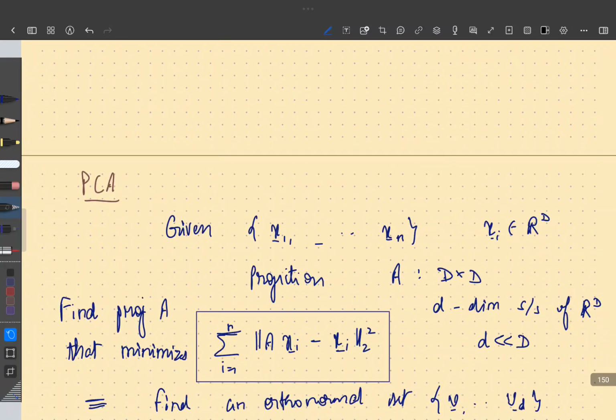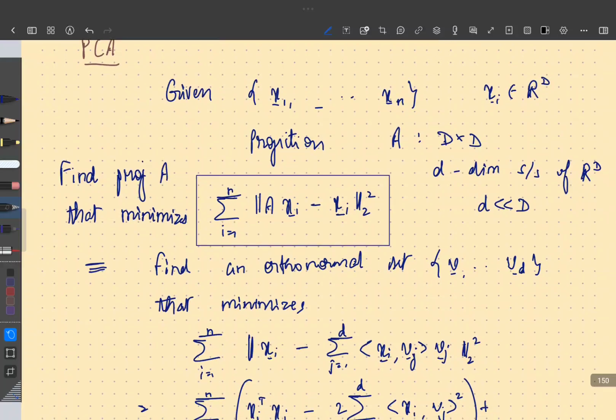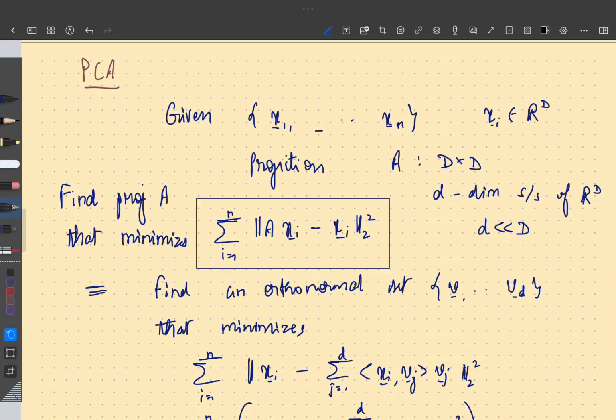Right? But now in PCA, or principal component analysis, the objective is a little bit different. There the goal was just to preserve pairwise distances, whereas here the goal is to project each point in your data set down to a much smaller dimensional space such that the distance between the projections and the original data points are as small as possible.